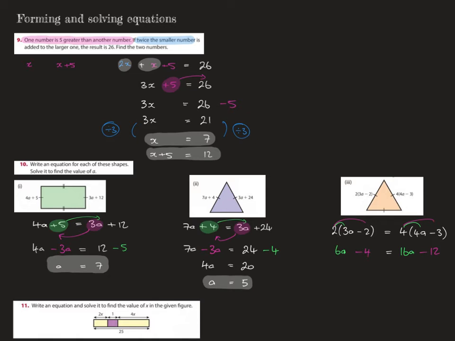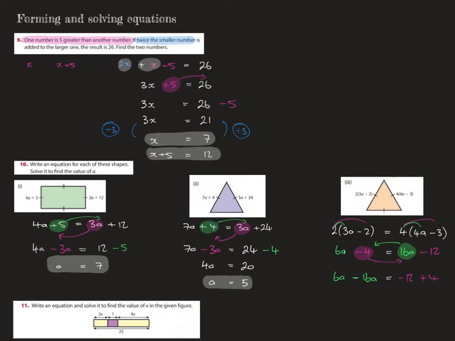In order to solve this, we need to bring all of our a's to one side. So we'll bring them all over to this side. Some of you would have brought them over to the other side, which would be perfectly fine. I'm just doing it this way to keep it consistent. So this will give us 6a minus 16a is equal to negative 12 plus 4.